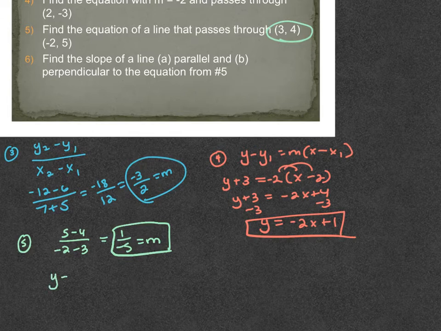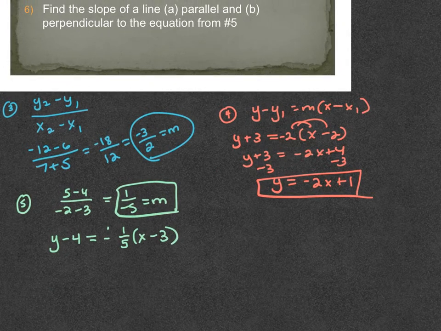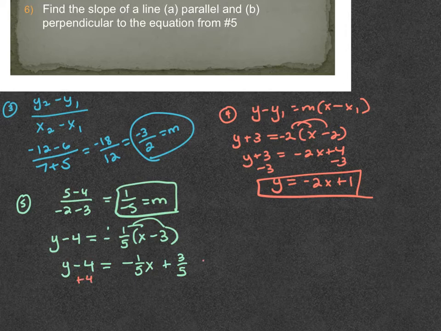y minus 4 equals -1/5 times (x minus 3). Then I'm going to distribute my -1/5. y minus 4 equals -1/5 x plus 3/5. Add the 4. y equals -1/5 x.